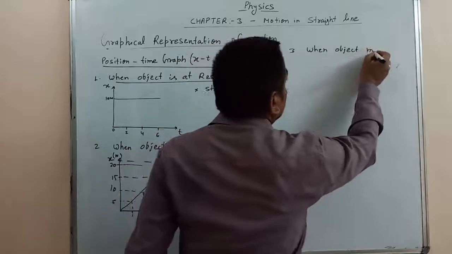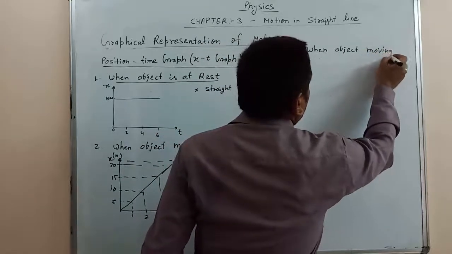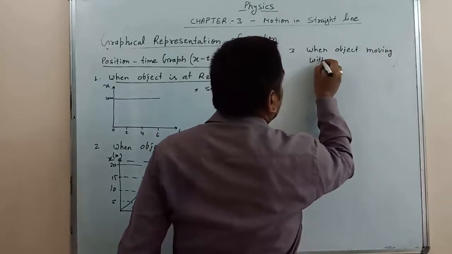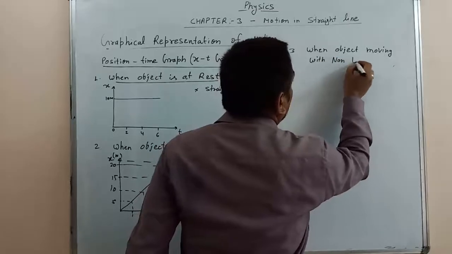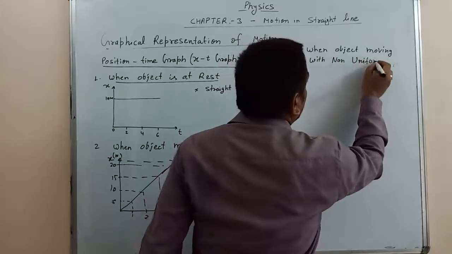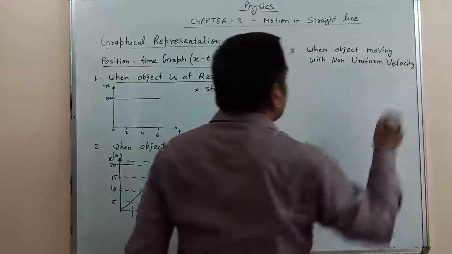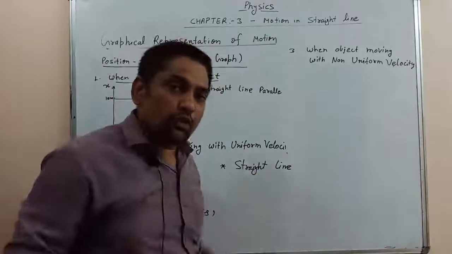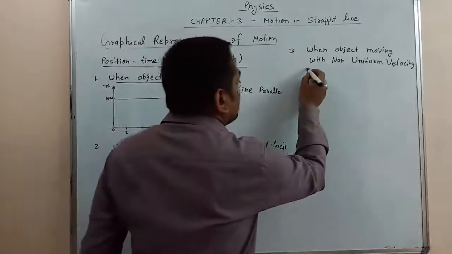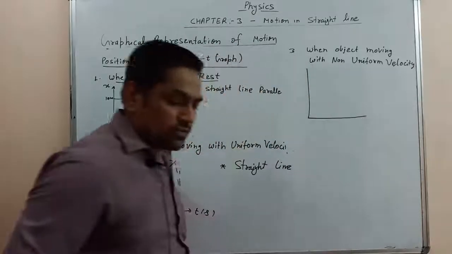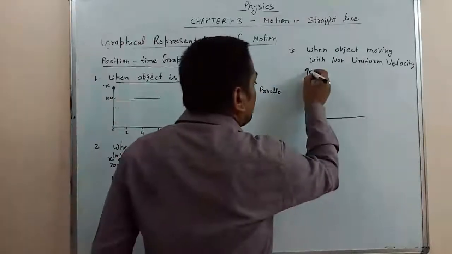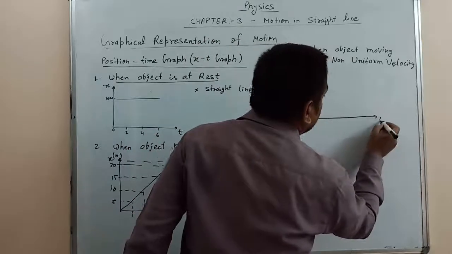When the object is moving with non-uniform velocity. If an object is moving with non-uniform velocity, the graph is curved. Any type of curve between x and t.